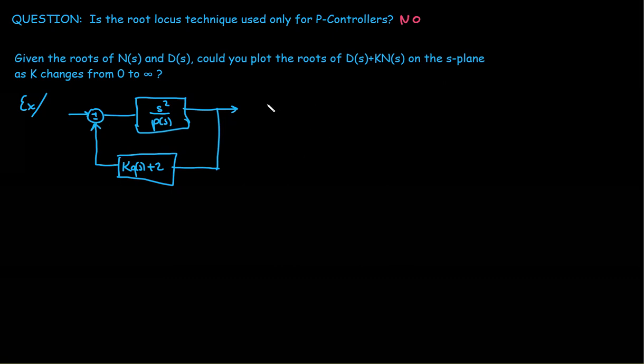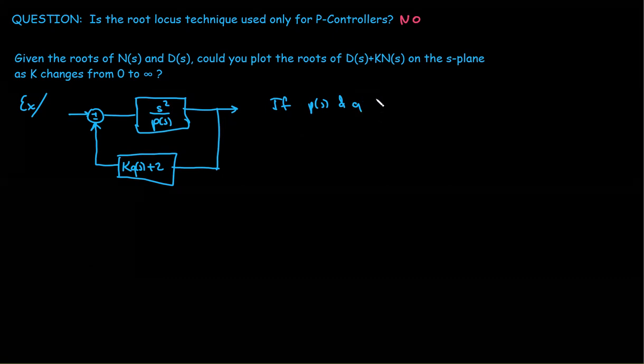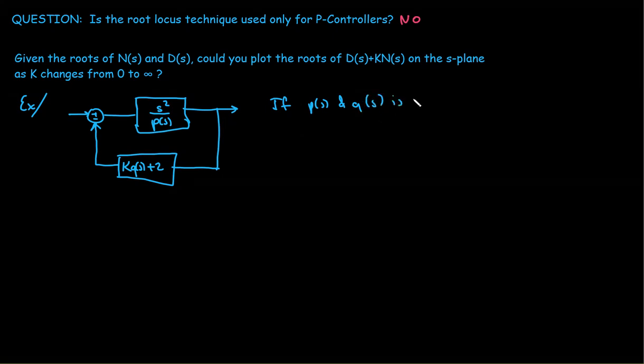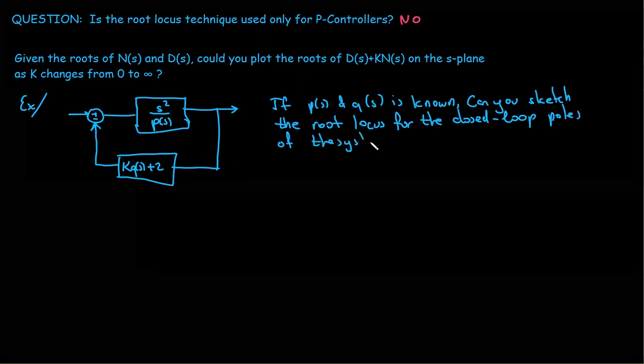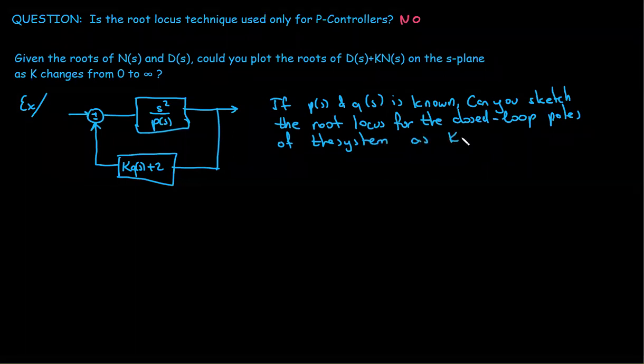If p of s and q of s are known, can you sketch the root locus for the closed loop poles of the system as k goes from 0 to infinity?